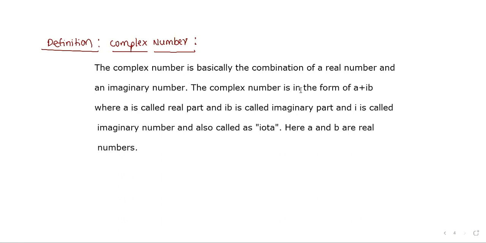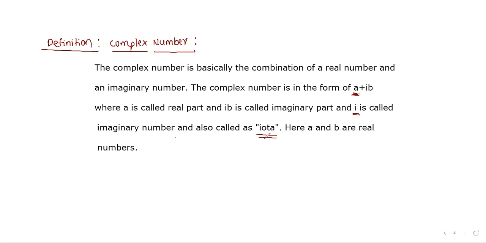The complex number is in the form of a plus ib, where a is called the real part and ib is called the imaginary part, and i is called the imaginary number, also called iota. Here a and b are real numbers.